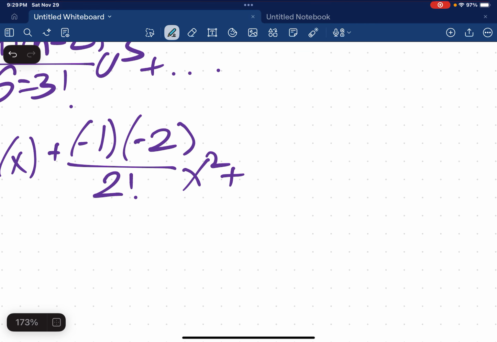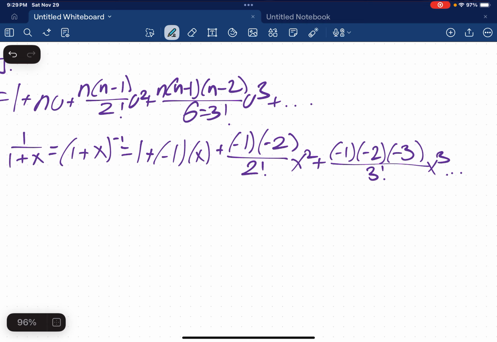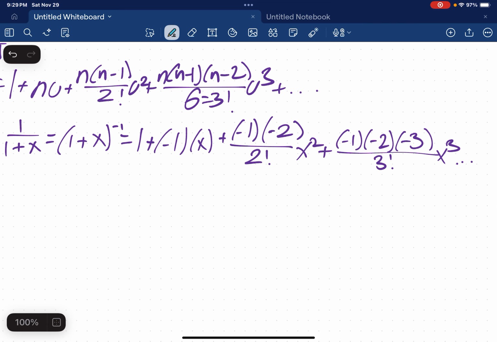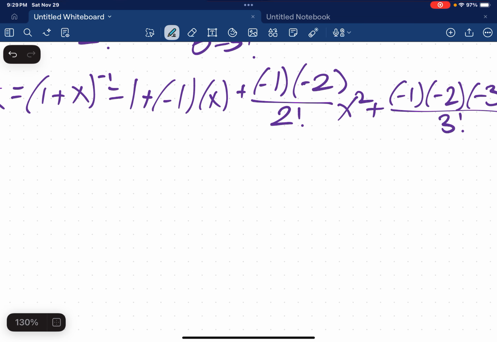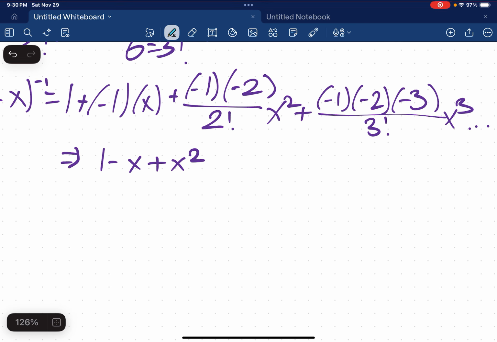Plus -1 times -2 times -3 divided by 3 factorial x cubed, and so on. It's just asking us to find up to x cubed, and after you do some simplification, you should get 1 minus x plus x squared, since those 2's cancel out and those 3's cancel out.